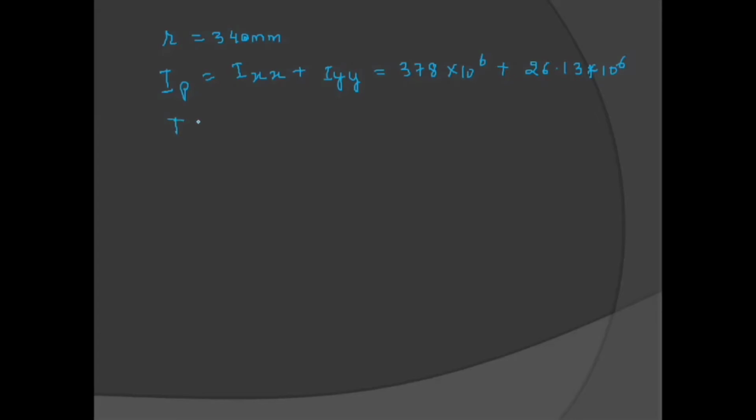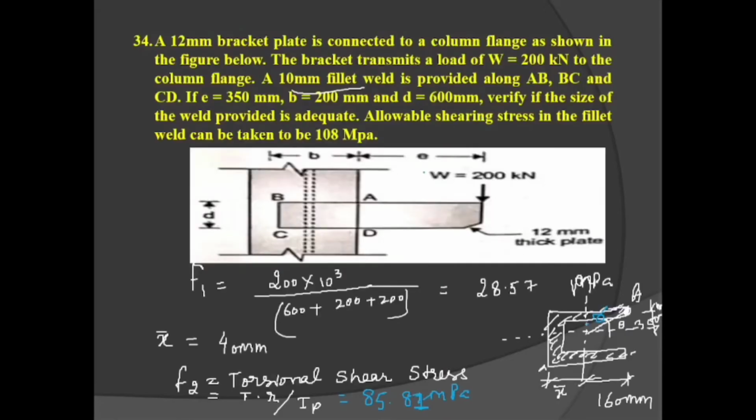Torsional moment T is equal to, in general, F into E. F is 200 into 10 to the power 3, into eccentricity, which is 350 plus 160. The eccentricity is given in the problem as 350 mm.